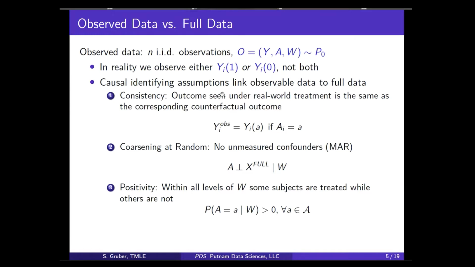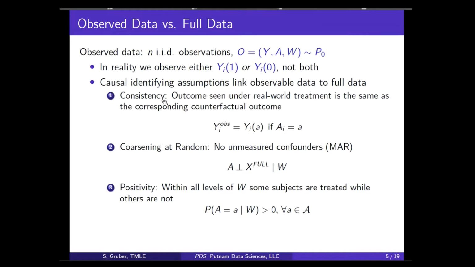We can explicitly say three things that have to be true in order for us to go from data that we can collect to the full data set. The first thing is something we call the consistency assumption.